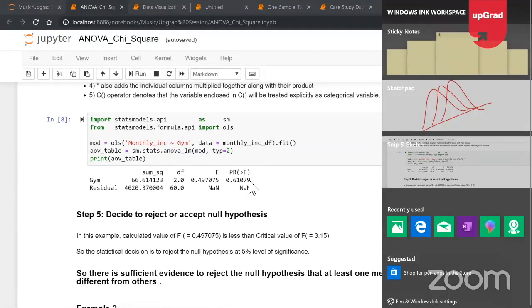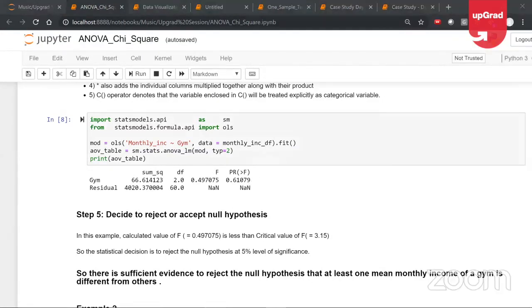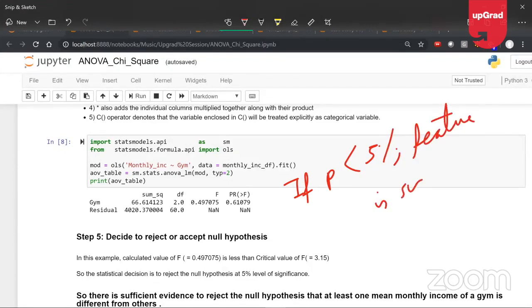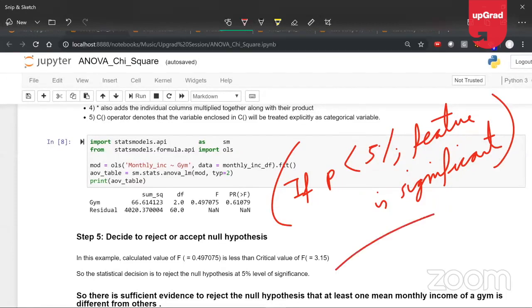If P is less than 5%, then the feature is significant. If you understand nothing else about inferential stats and hypothesis testing, this is the one takeaway you should have, and everything else will be fine. That doesn't mean you should not know the rest. You should understand it well, but otherwise, this is what you will actually use going forward.